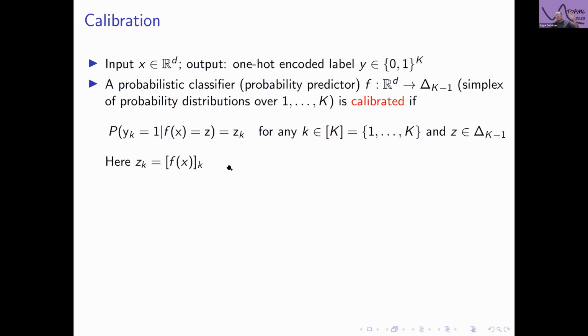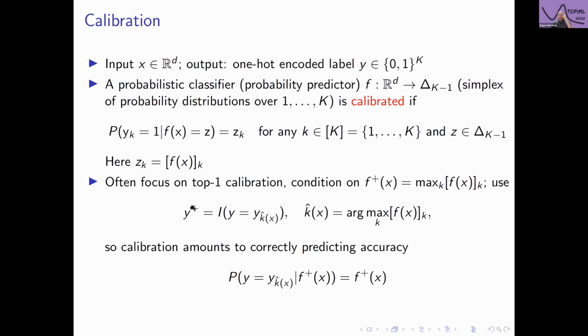So this is just a multiclass version of what I said previously about the binary case. This is the most general notion of calibration. There are a bunch of other versions. This is the most general one.